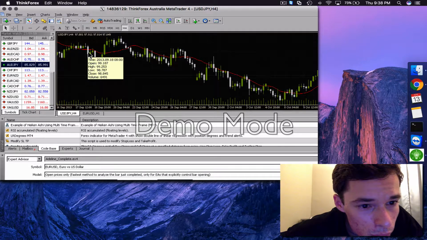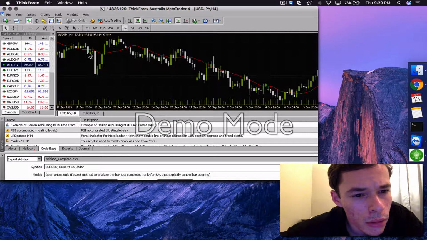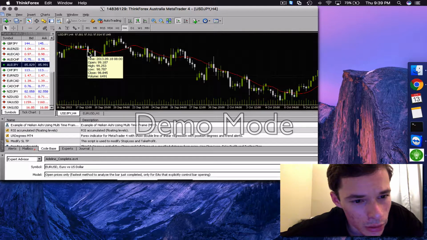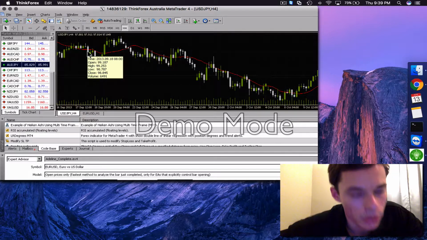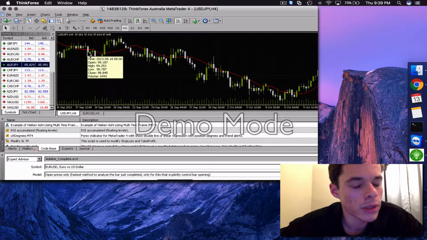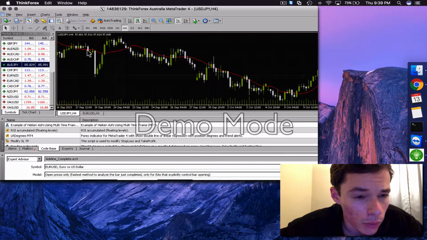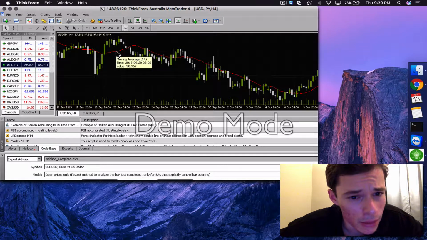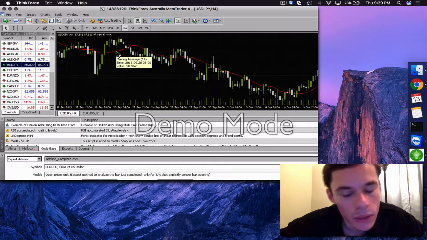So you see right here the opening and the close, one is higher than the other, I should say. And with this red line, this is basically the mean regression.